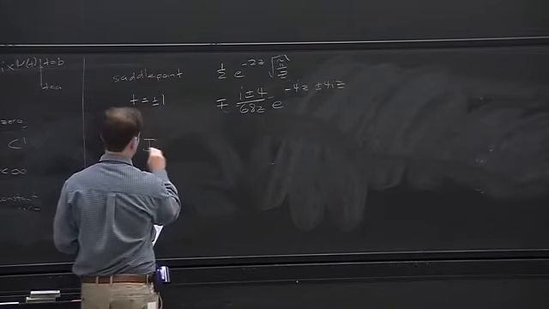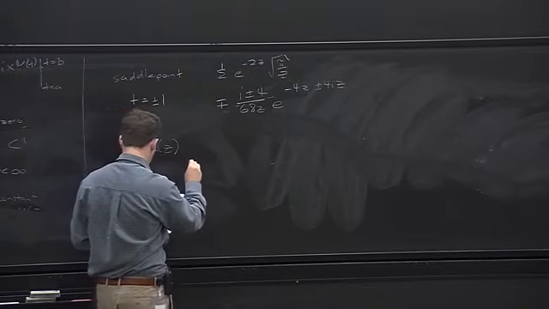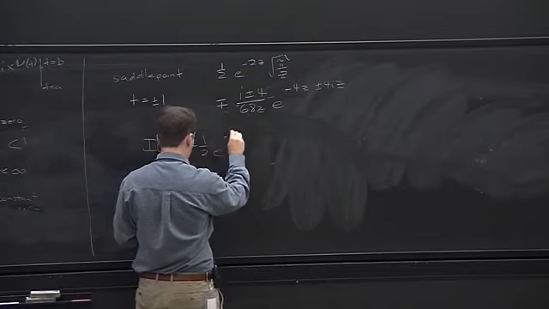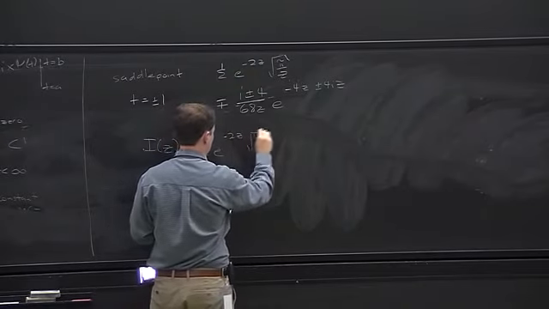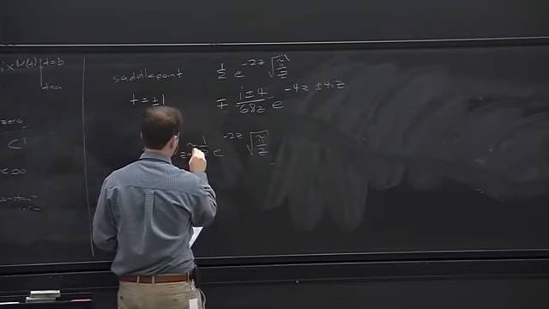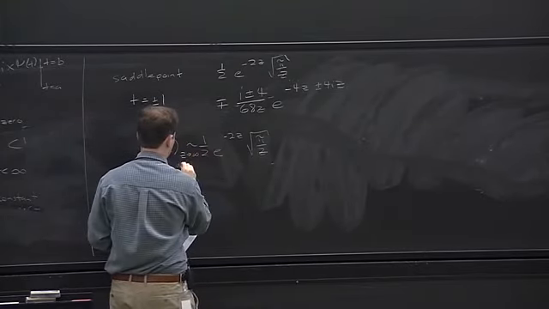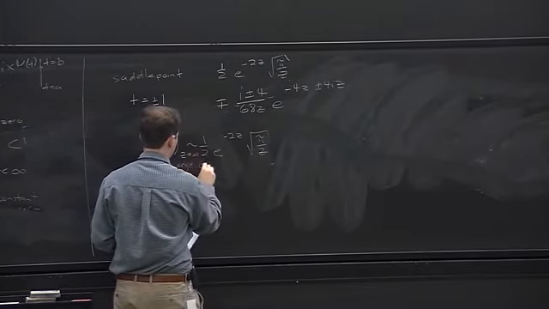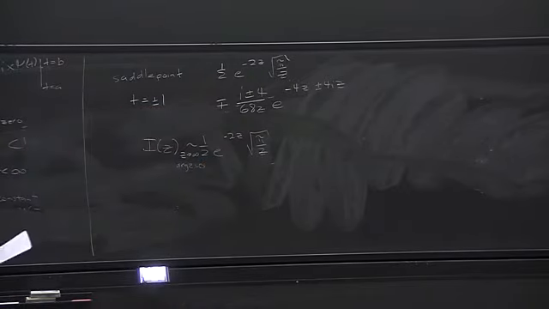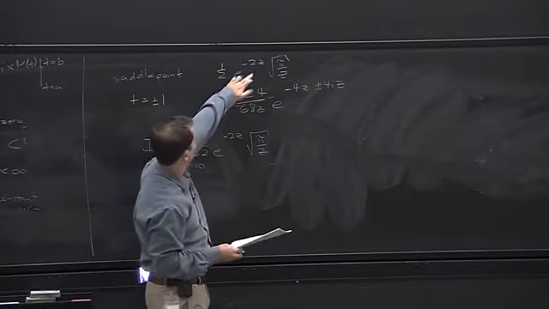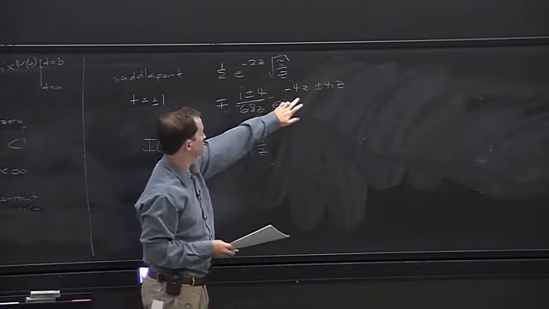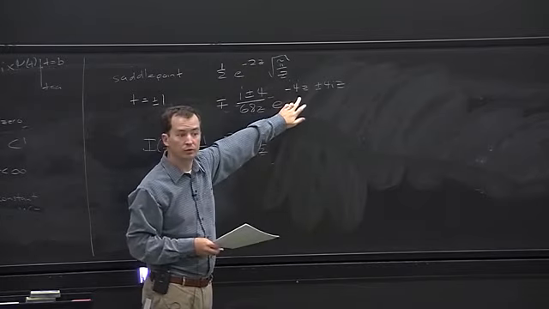So I of z is asymptotic to 1/2 e to the minus 2z over z as z goes to infinity if the argument of z is 0. This will go like e to the minus 2z, which goes to 0 much more slowly than e to the minus 4z.